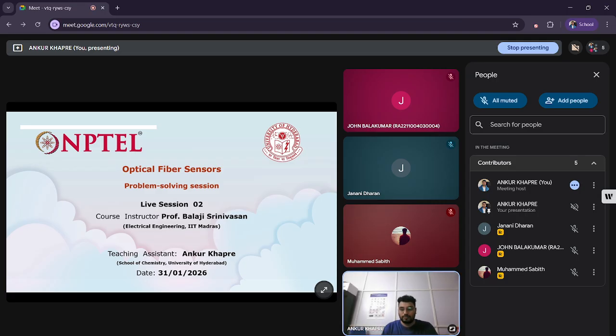We have already discussed the fiber optic sensor, how it works, and the types of fiber optic sensors based on the modulation: phase, polarization, frequency. Today we'll have a quick recap of live session 1, and after that we'll move towards live session 2, where we'll discuss light generation and light detection.